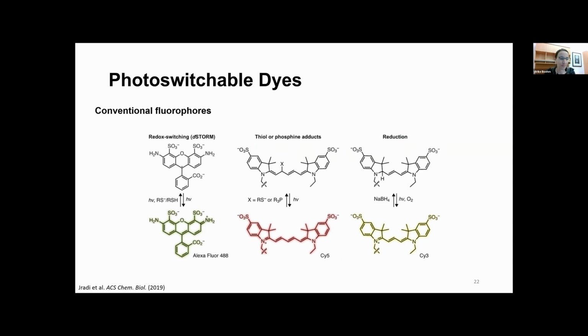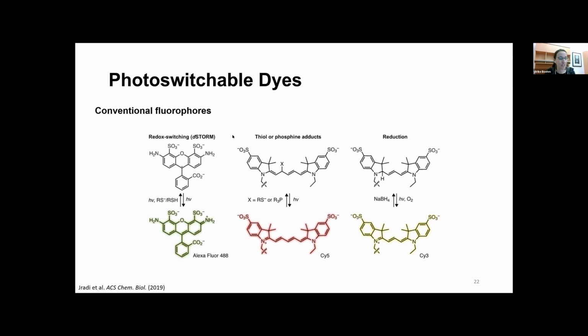But again, as you can imagine, in the case of fluorescent proteins, you can embed them quite quickly into the genome of a structure, so they might be better for live cell imaging, whereas those, as I've mentioned, are just way more photostable. Here's an example shown with Alexa 488 or Cy3 and Cy5, which are very popular within the single molecule localization microscopy community.